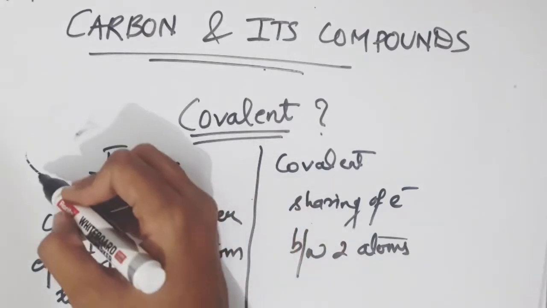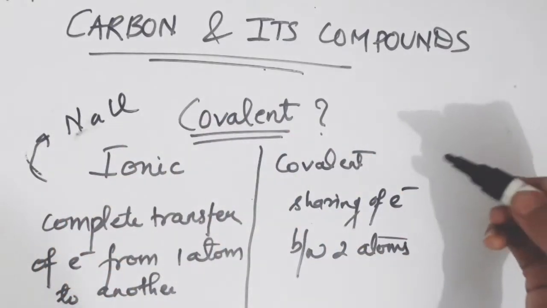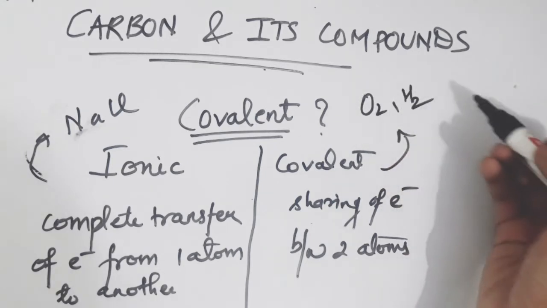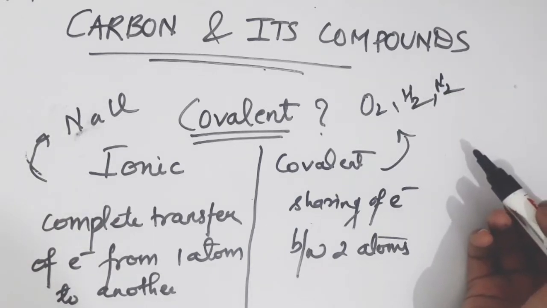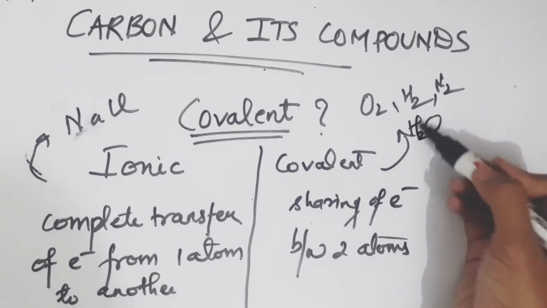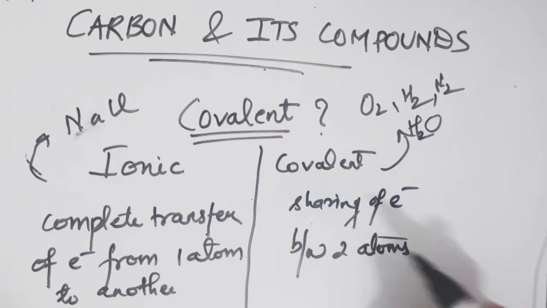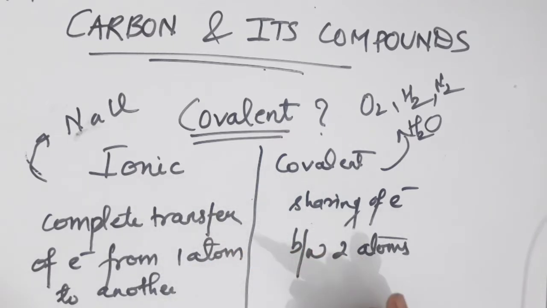The example of an ionic compound is NaCl, and examples of covalent compounds are O2, H2, N2, and H2O. Lithium chloride, sodium chloride or lithium fluoride are all ionic compounds.